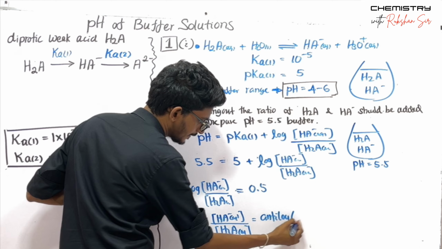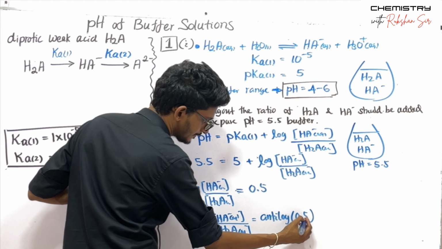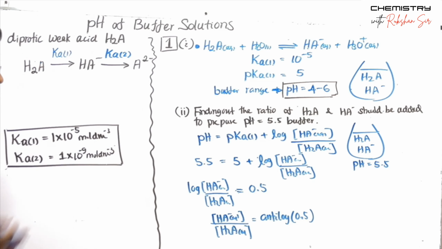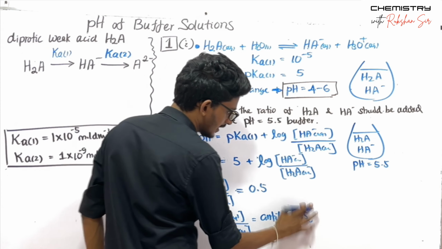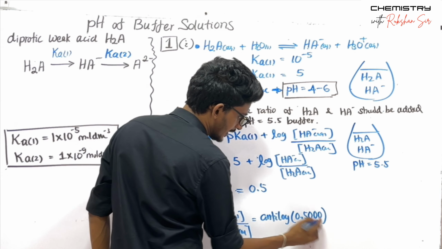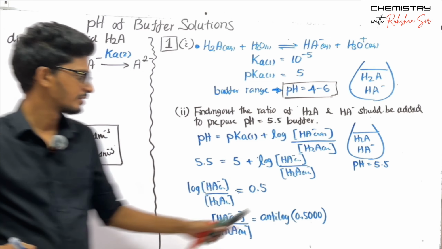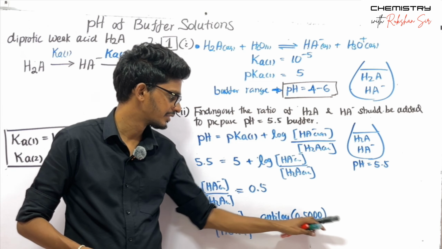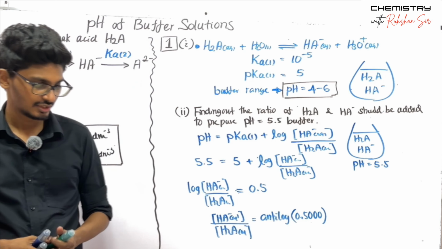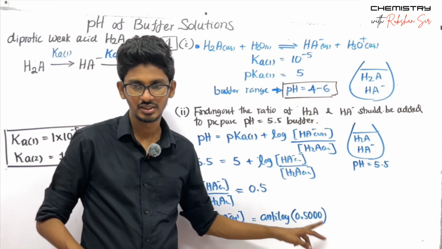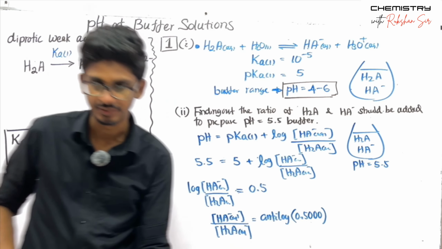Anti-log 0.5. So look at the anti-log. In the anti-log chart, you just have 0 point values with 4 decimals. That is how the anti-log table looks, right?